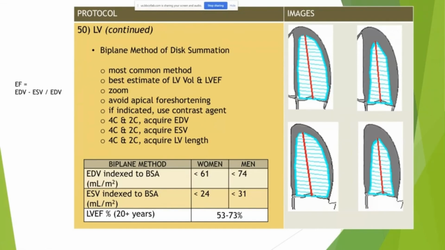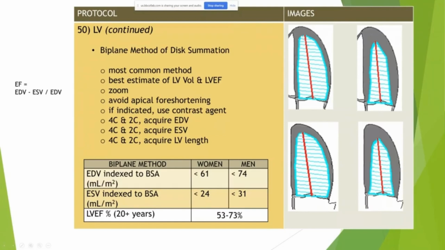So if you are not foreshortened, you want to get the maximum LV area, the left ventricular area. Please avoid foreshortening, otherwise your measurements will not be accurate. When you're approaching the mitral valve annulus, you want the contour to be closed, because when you trace from here all the way down to here, your machine should automatically connect these two and close them.